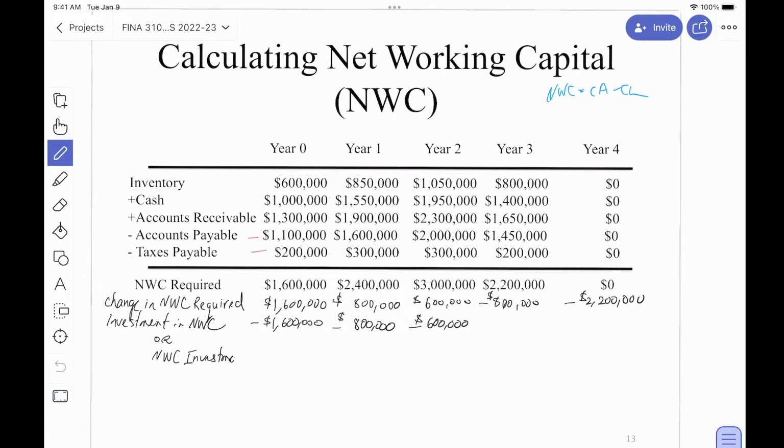And what we're calculating are the net working capital investment cash flows. This will be a positive amount, again, from the perspective of the firm. This money is cash inflow into their pocket. And that's it.